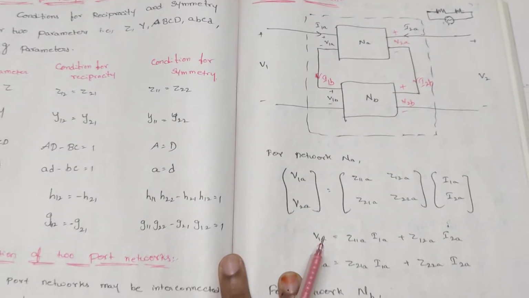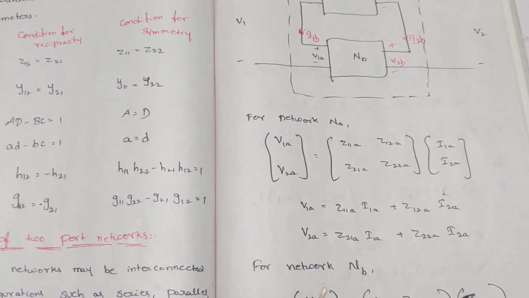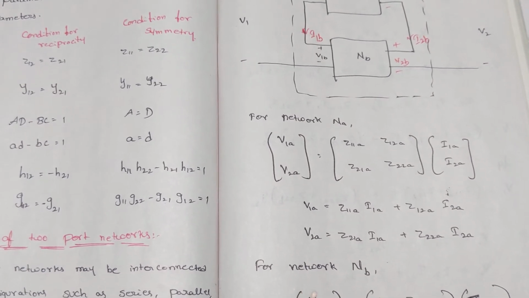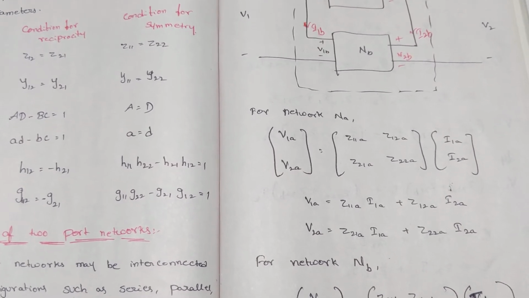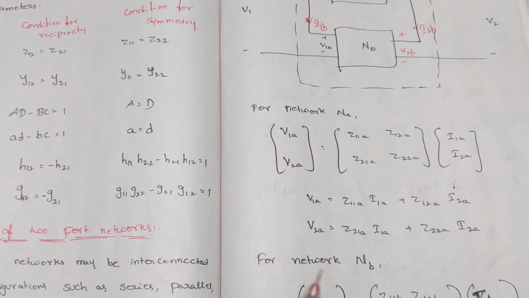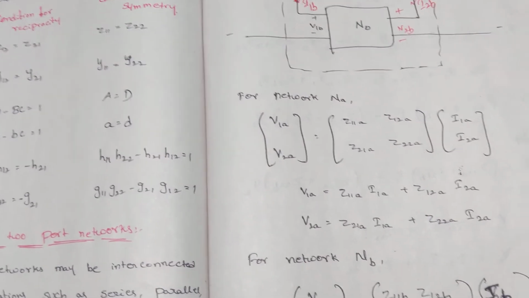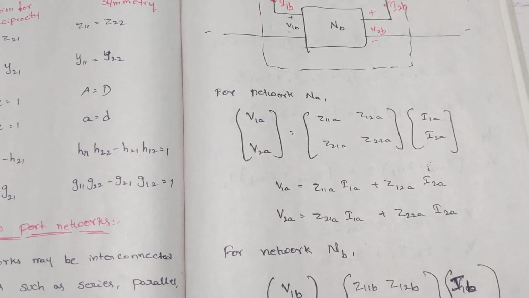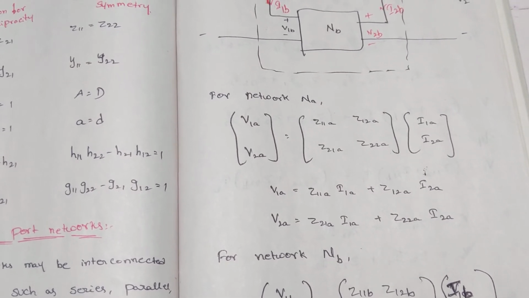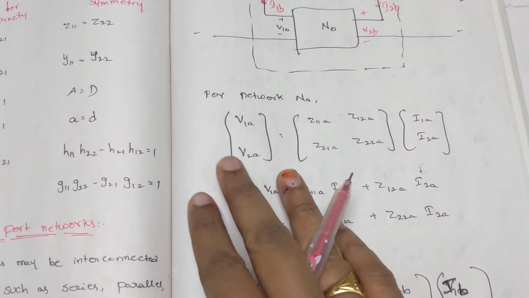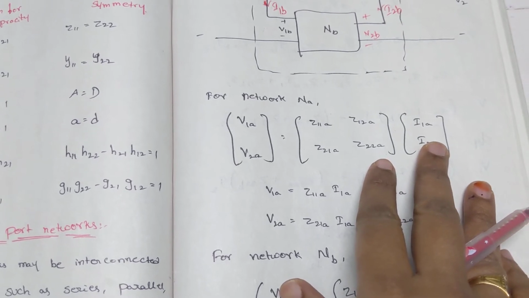Now, as step number 1, we have to write the individual parameters first. Once we have the individual parameters, after applying your conditions, you can get the overall parameter. So now I am writing the Z parameters for network NA. We know that for Z parameters, the dependent variables are the voltages and the independent variables are currents.